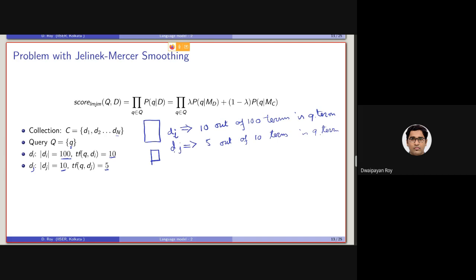Now, considering a single term query, there needs to be some information which has generated this query. Considering the size of the document, in this DJ document the query term is occurring 5 times, but out of 10.